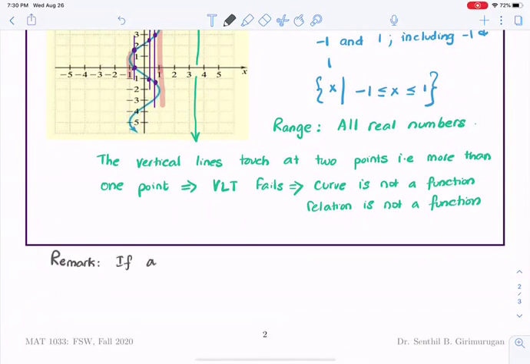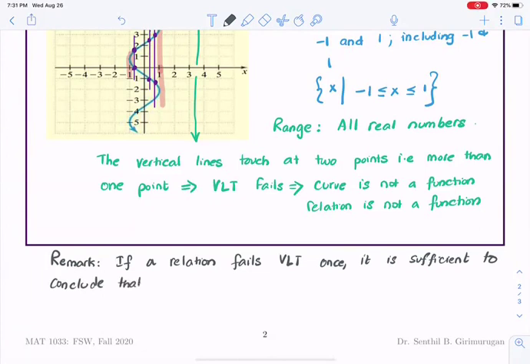if a relation fails the vertical line test at one point, I'll just say once, it is sufficient to conclude that the relation is not a function.